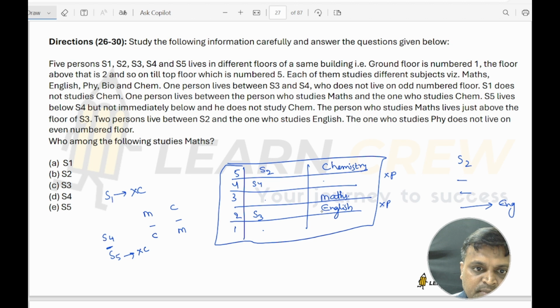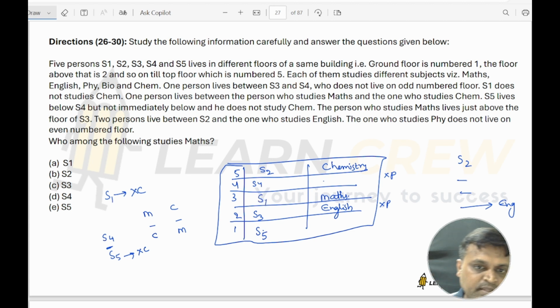S5 will not be here, so definitely S5 has to be here. The remaining are S1 and S2, so this is S1, this is S2.